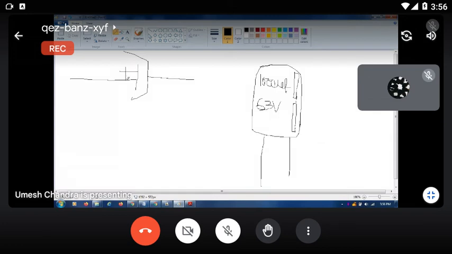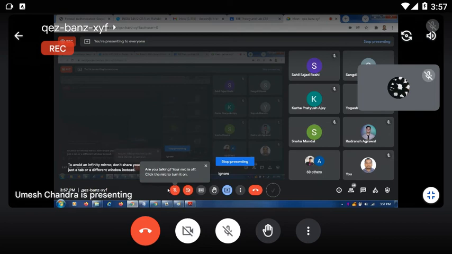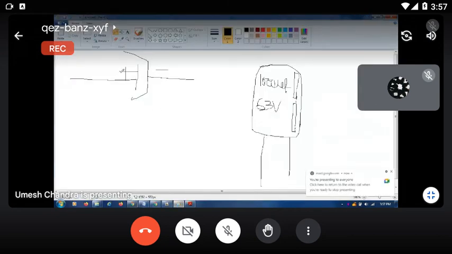And this is the positive, this side is negative. Positive, this side is positive and this side is negative. So this is the symbol of the polarized capacitor. Right.